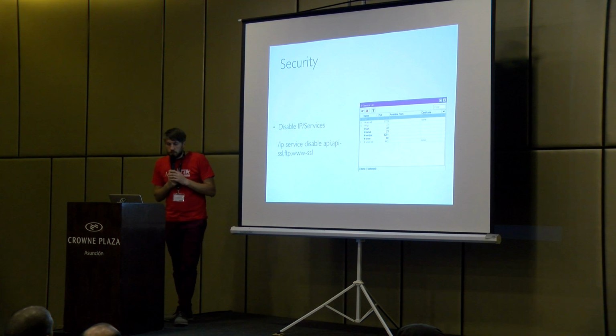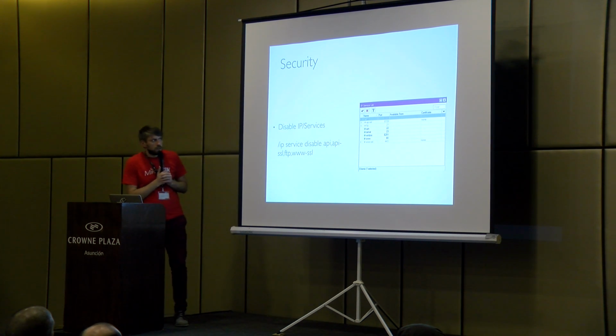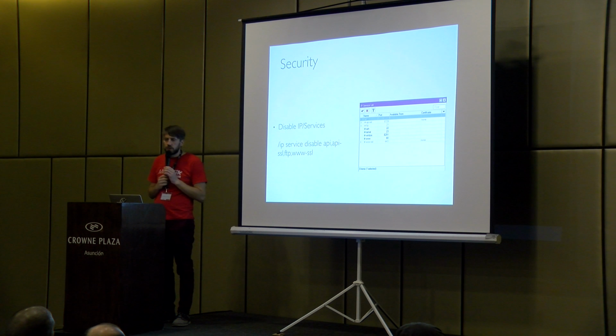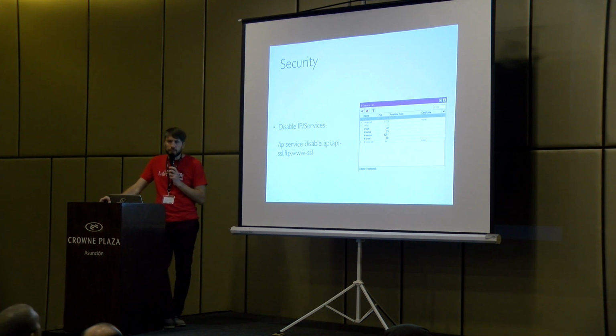The next thing that you need to do is to evaluate IP services. IP services are services that are used by RouterOS for some specific functions, like you can access your router by SSH, you can access your router by Winbox.